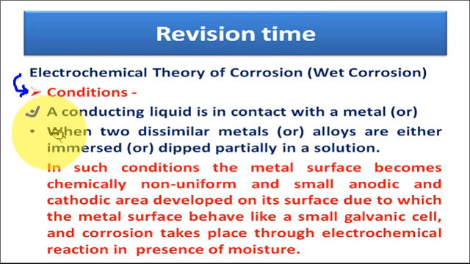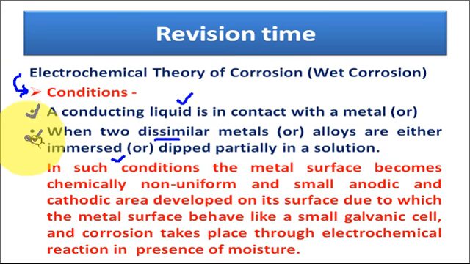First is when metal is in contact with any conducting liquid, that means electrolyte solution, or the metal is in contact with another metal, that means two dissimilar metals are in contact with each other and either immersed or dipped partially in an electrolyte solution. That means two metals are in contact with each other and also in contact with the electrolyte solution.